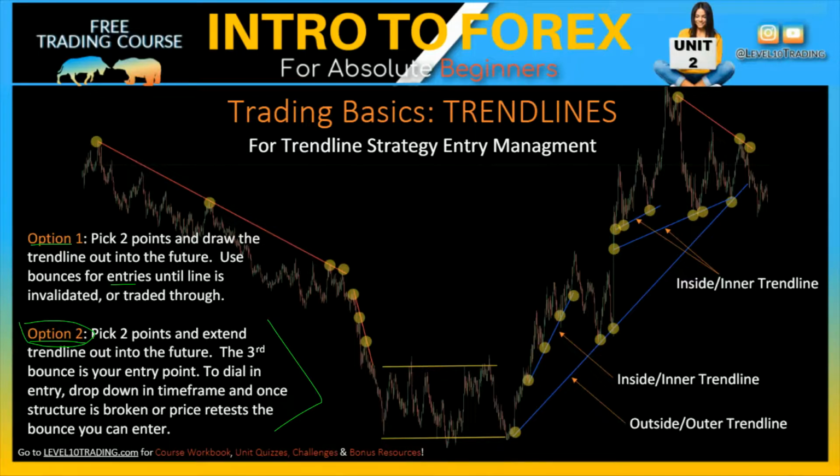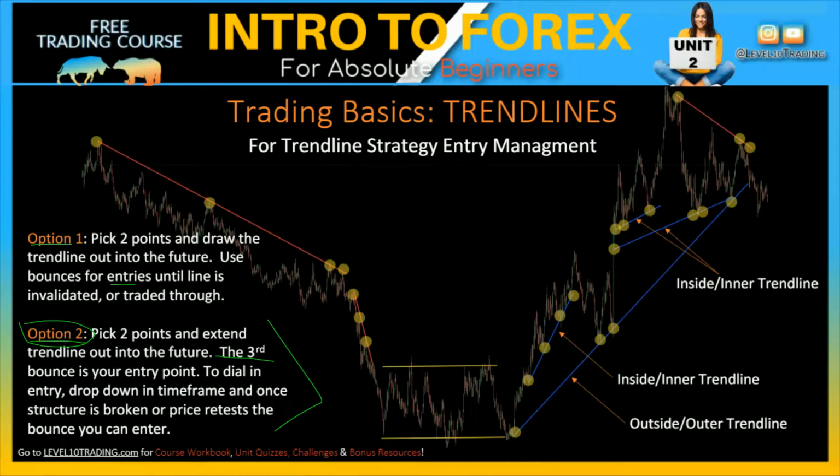It's where you pick two points on your trend line, but the third bounce is your entry point. At the third bounce, you would place your stop loss above the bounce and put your entry once the price closes below the trend line.